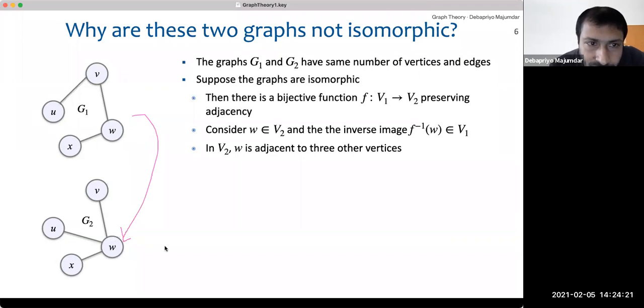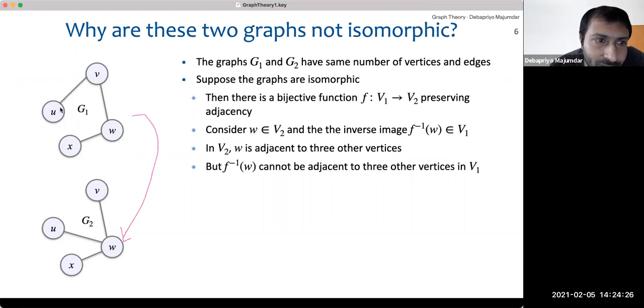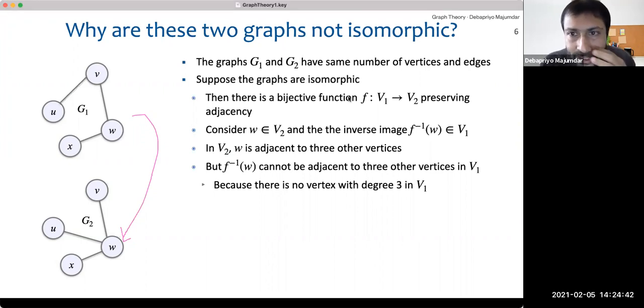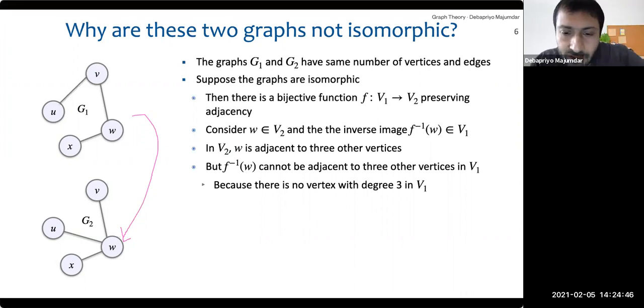So if we have a map, then the inverse image of W also must be adjacent to 3 other vertices in the first graph. But there is no vertex which is adjacent to 3 other vertices. So W cannot actually have an inverse image satisfying our condition. Clear? Why these two graphs are not isomorphic?